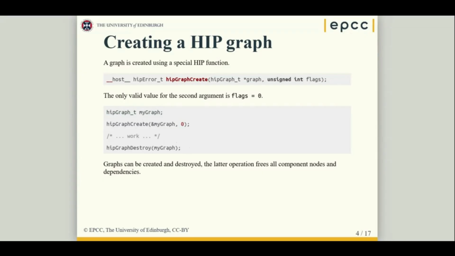To create the graph, we set the variable by reference, and then the flags will be 0, and there is hipGraphDestroy, and with that we free all the component nodes and dependencies.